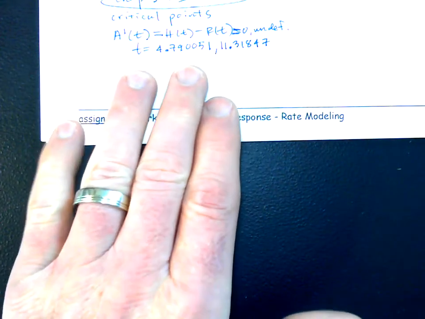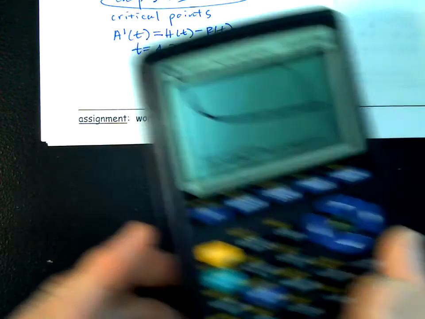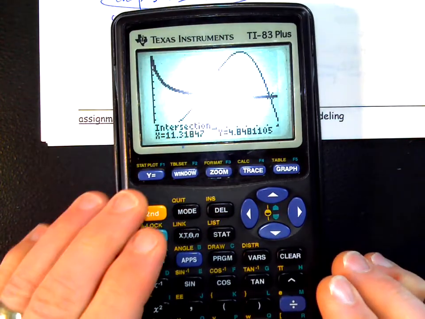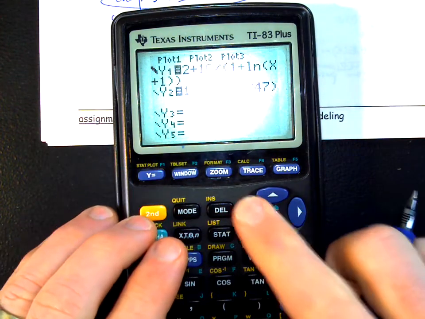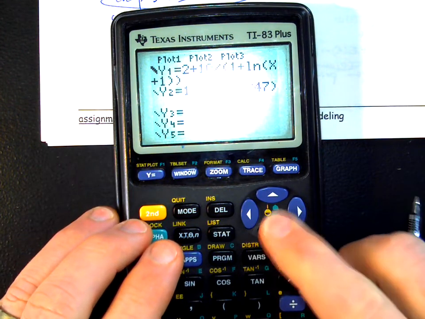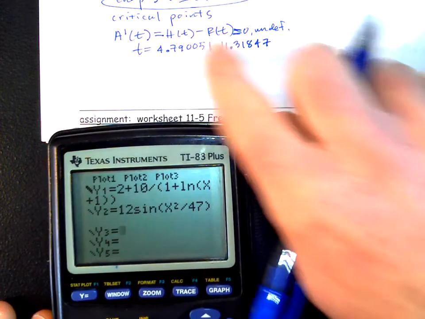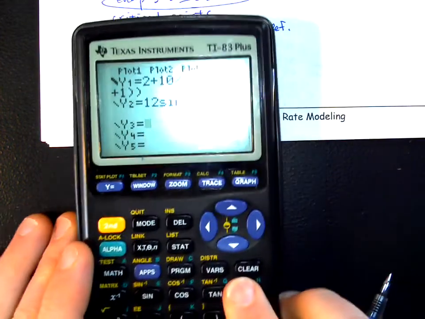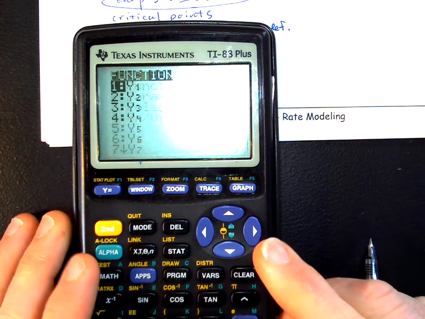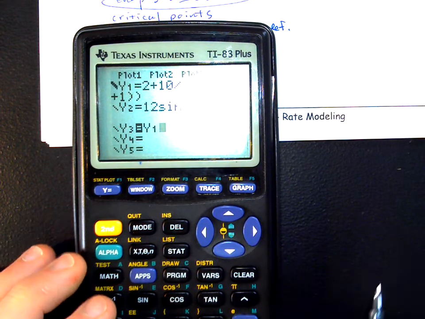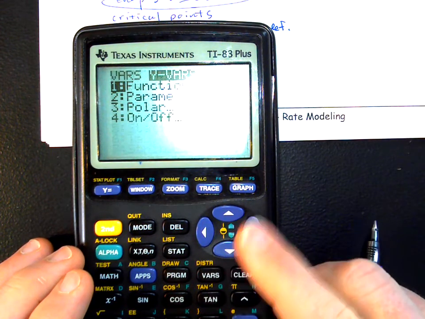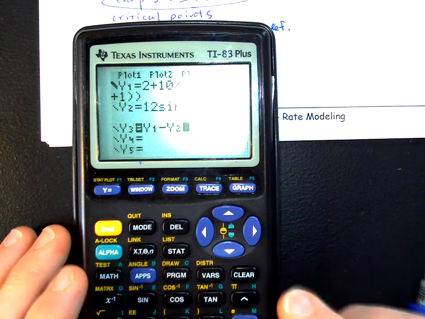The other way to do it, if I hadn't bothered to graph it, I wouldn't have done it this way. I probably would have graphed, and we could do this. We could go in here, turn these off, and I probably would have graphed ht minus rt. So we could actually, in the graphing menu, do vars, y-vars function. ht was the first one, minus vars, y-vars function, y2.